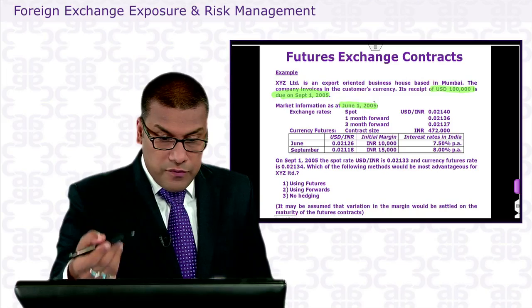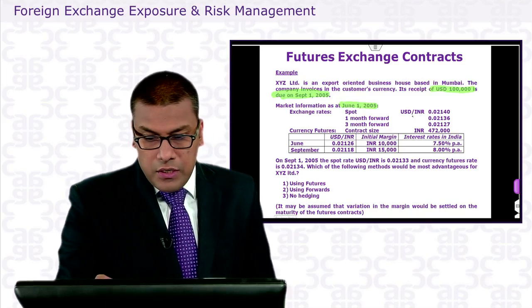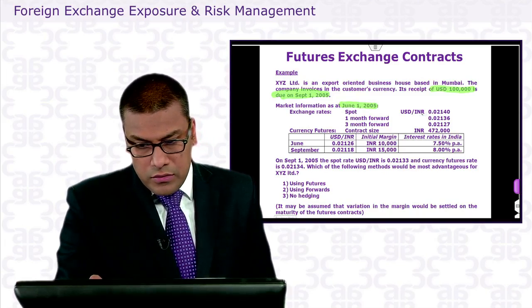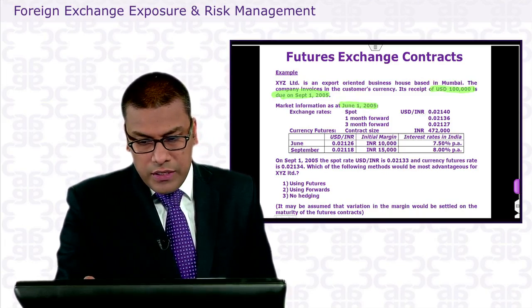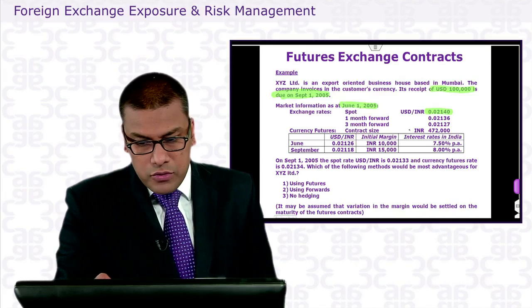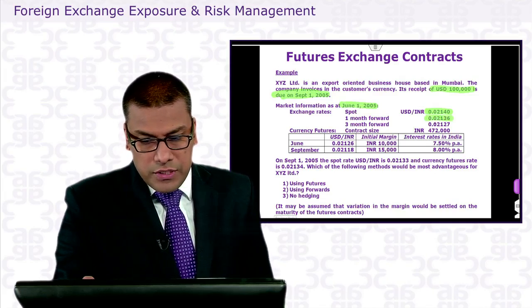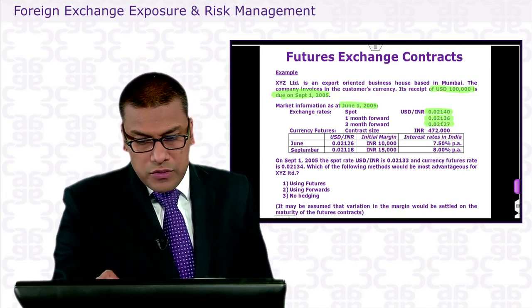We have some information given: the spot exchange rate of $1 to INR is 0.2140, 1 month forward 0.2136, 3 months forward 0.2127.